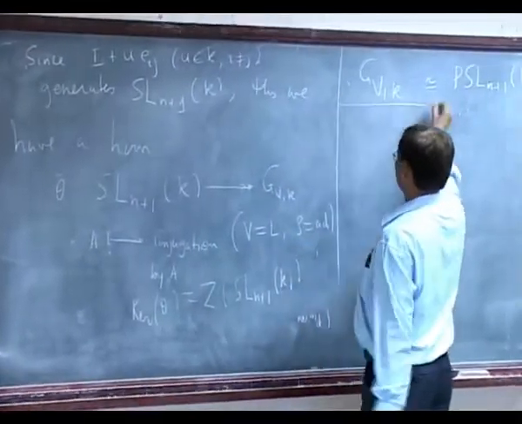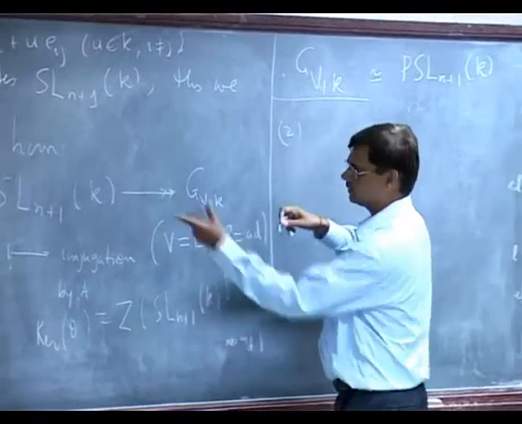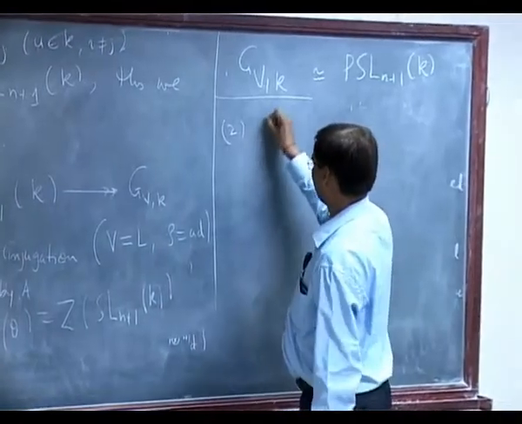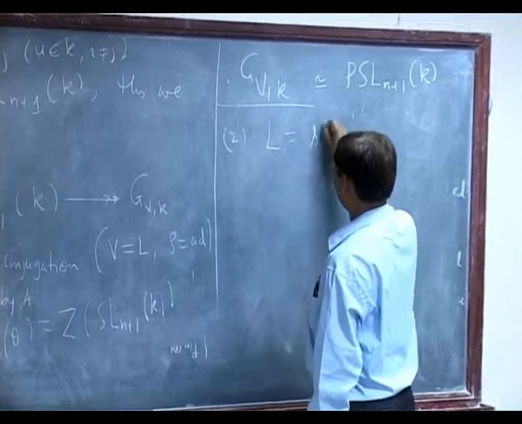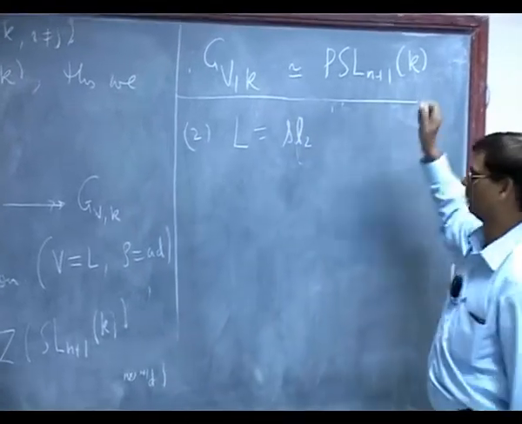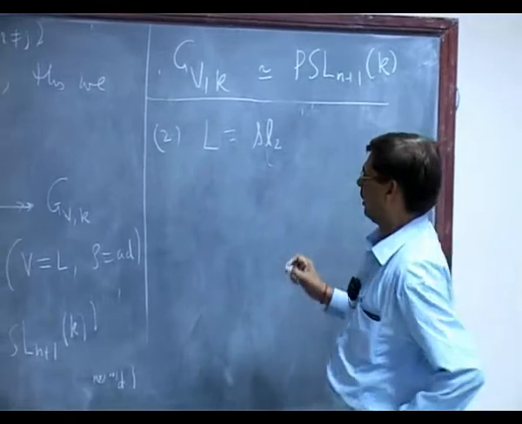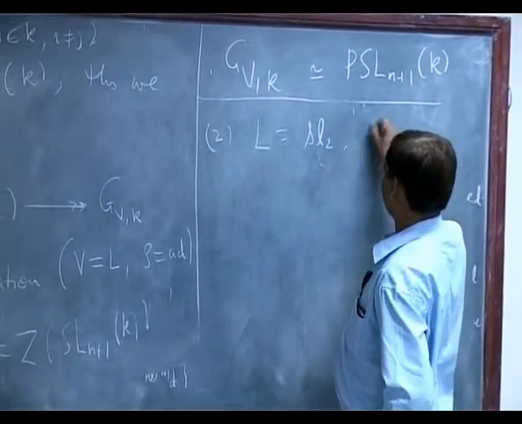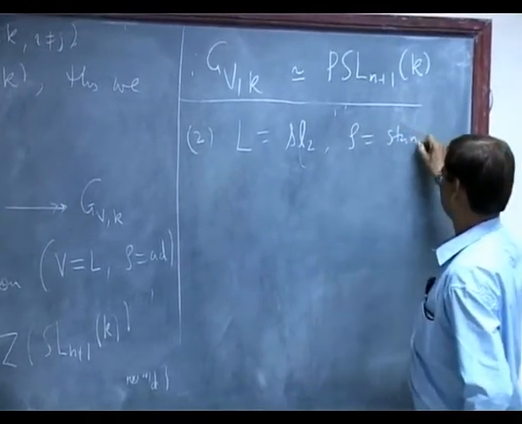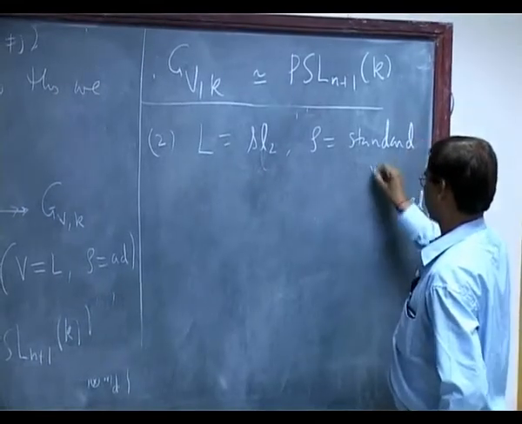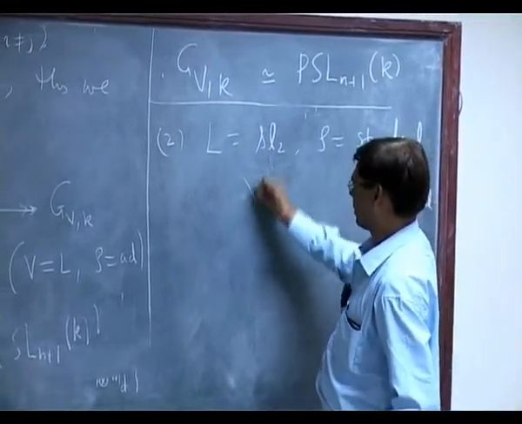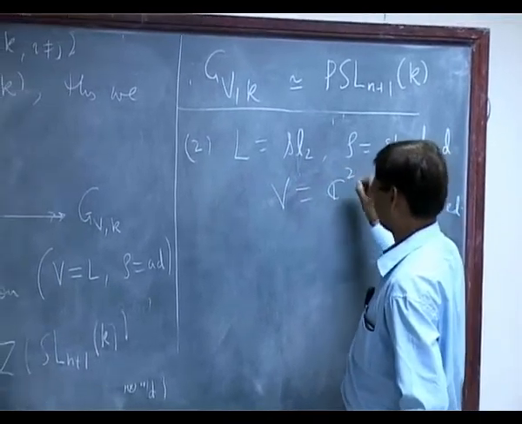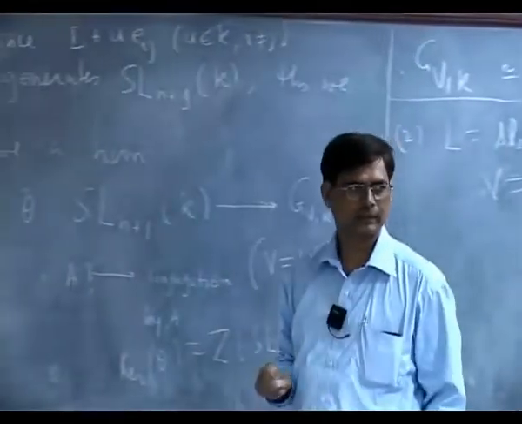Now take another example, the same Lie algebra. L is again the same thing. Let us take SL2, but the same is true for SLn, and rho is the standard representation. So V is C2.